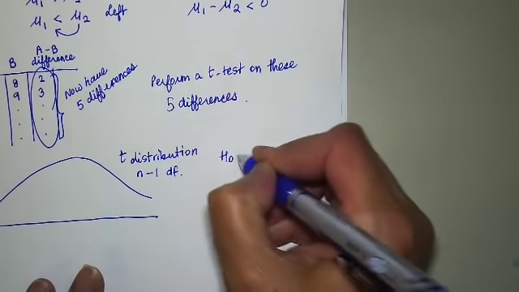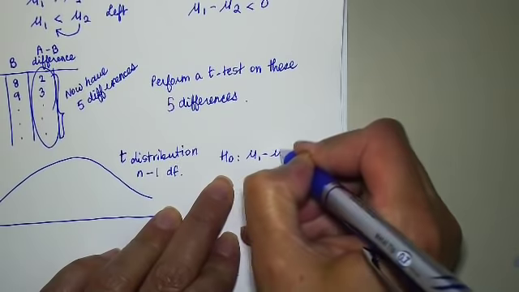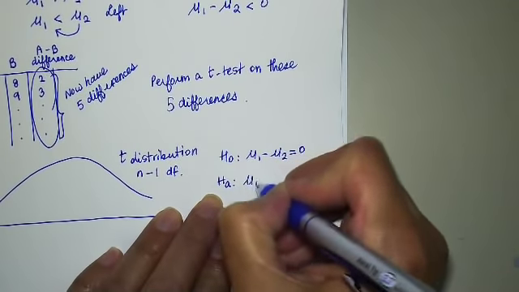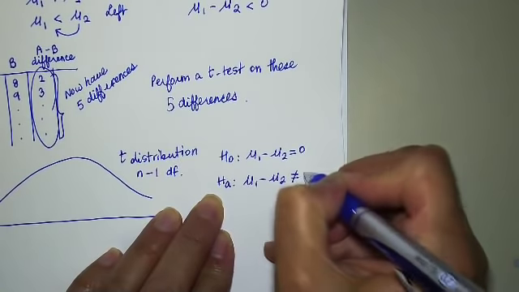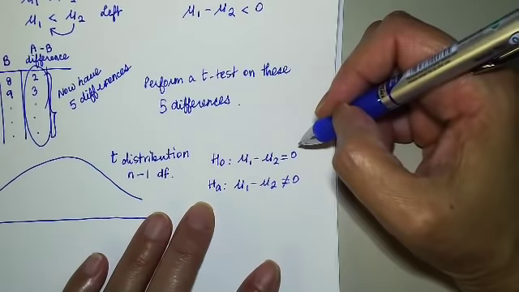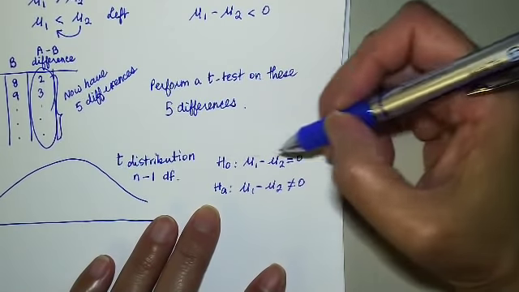And let's say that I'm doing a two-sided t-test. Suppose the test is two-sided, meaning it looked like this. H naught mu1 minus mu2 equals 0 versus HA mu1 minus mu2 not equal to 0.